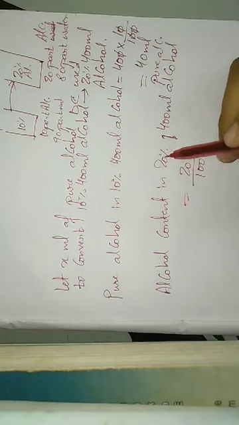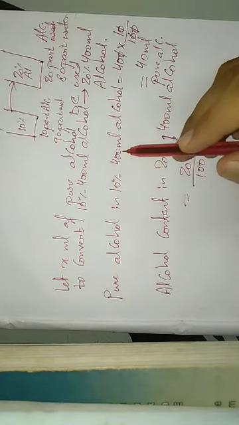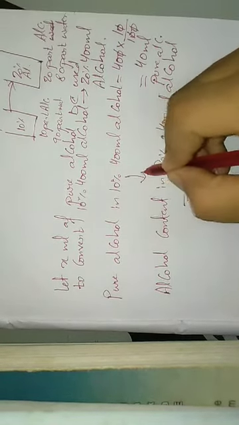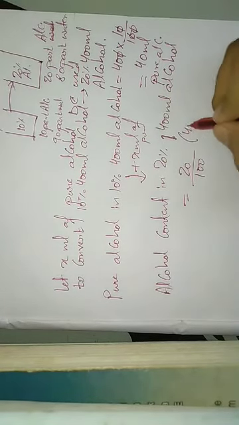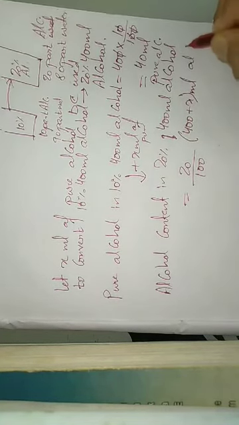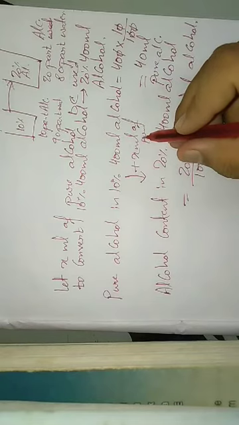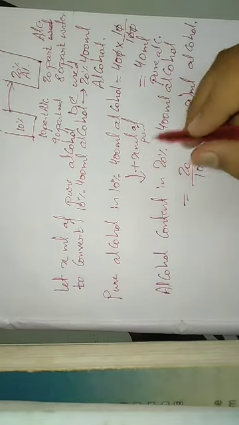From 10% he has increased to 20%. So from 10% 400 ml to 20%, how did it happen? x ml of pure alcohol was added, right? So it will be 400 plus x ml of solution. Correct? Because if you are pouring x ml of pure alcohol, it contains x ml of pure alcohol.